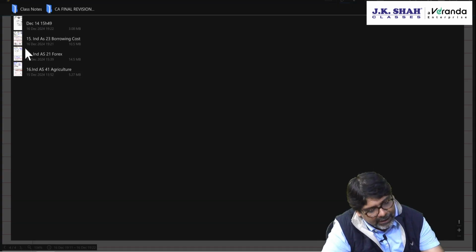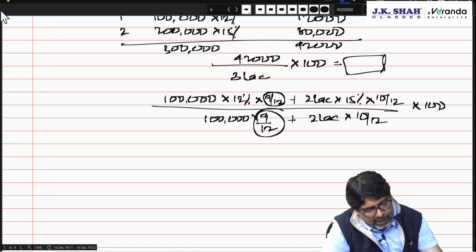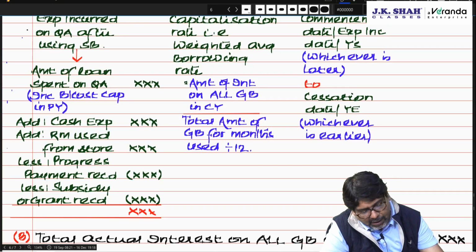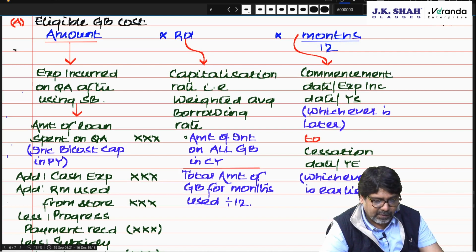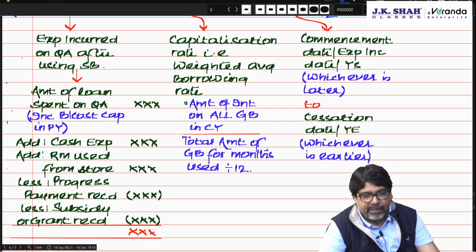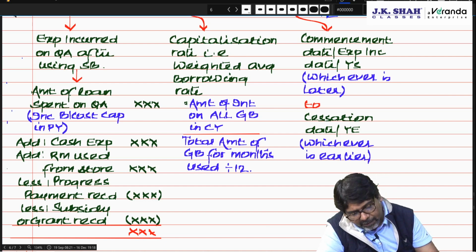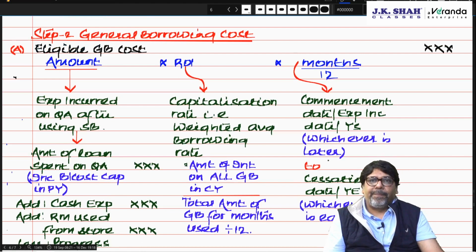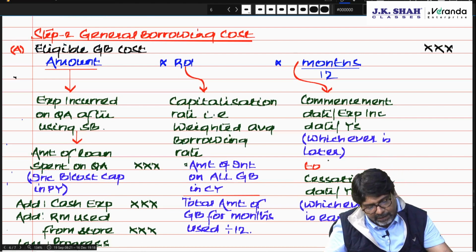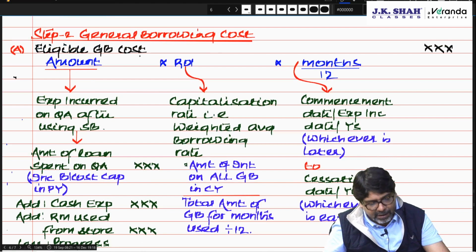Now, chartered, over here, understand, commencement date, expenditure incurred date, year starting, whichever is later, to cessation date or year ending, whichever is earlier. Same thing. Yes or no? Yes, sir. So this is how you calculate general borrowing interest.